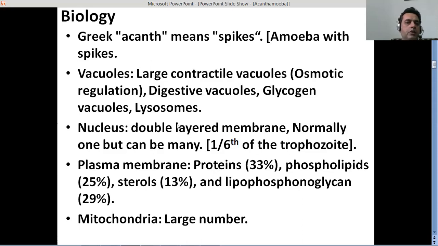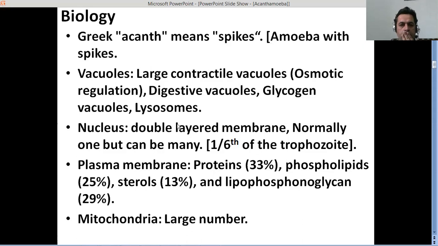All these structures are membrane-bound. And they have a double layered membrane which is bound by two layers, just like in case of other eukaryotic cells. And normally there is one, but can be many. In some cases, people have seen there are more than one nucleus inside there.